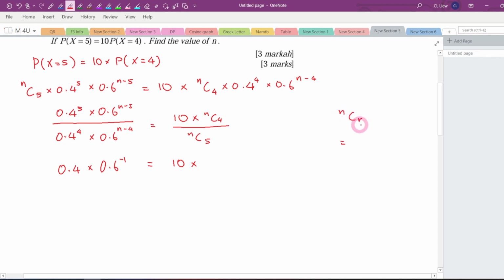nCr, what is the formula for this one? What does it mean? It actually means n factorial over n minus r factorial times r factorial, right?